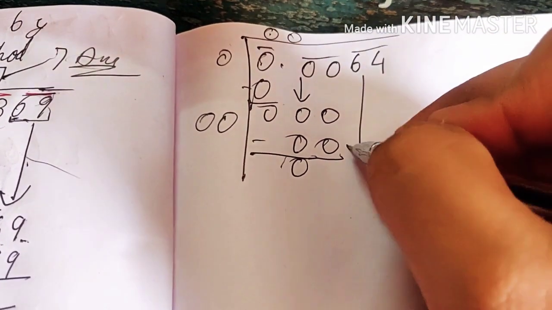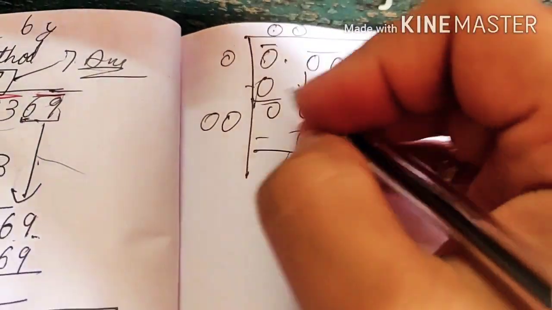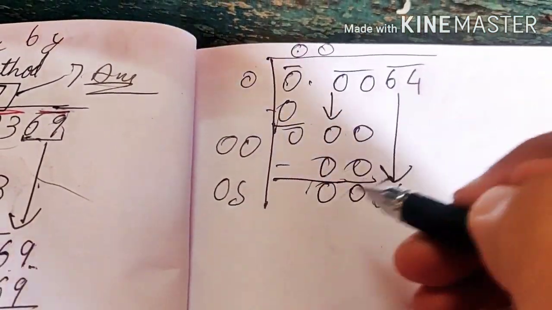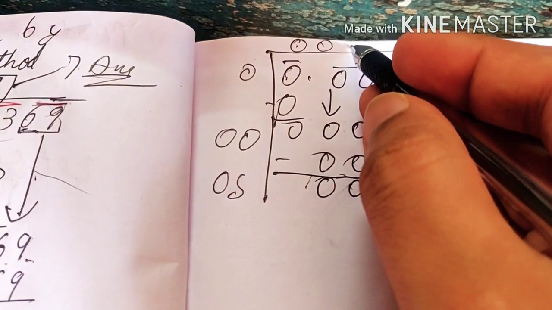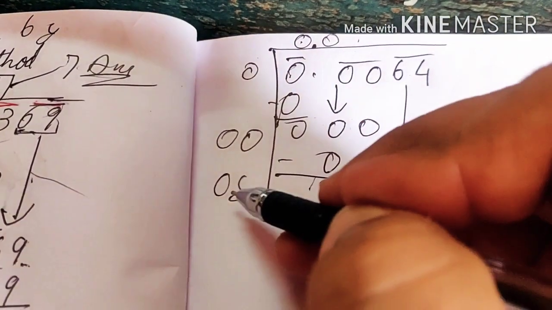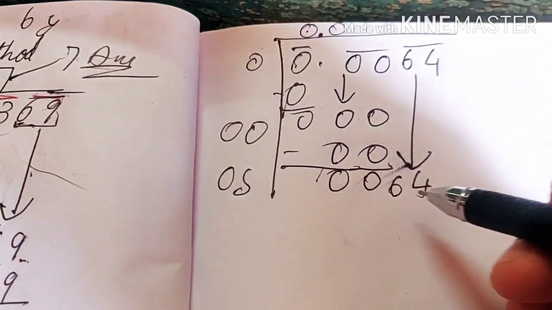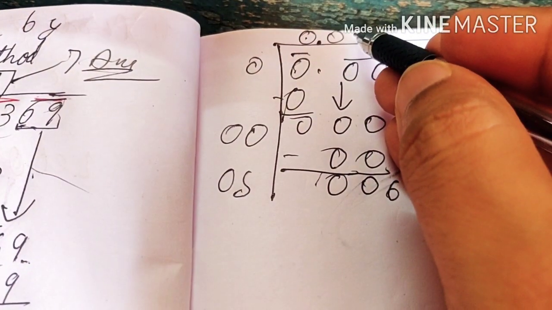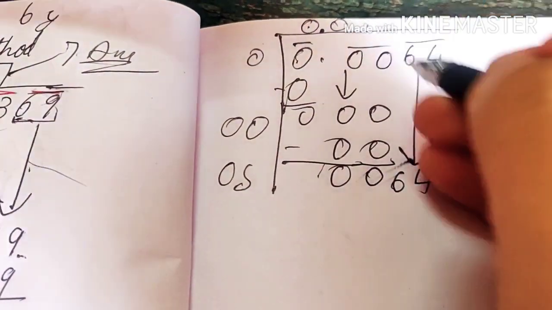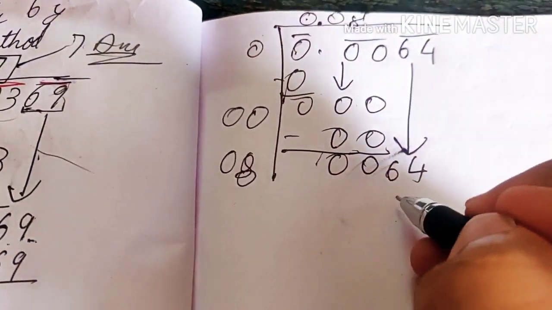Okay, then we will take this pair down, it is 64, then 0 double is 0, and then 1 into 1 will be 1, 2 into 2 will be 4, 3 into 3 is 9, 4 into 4 is 16, 7 into 7 is 49, 8 into 8 is 64.